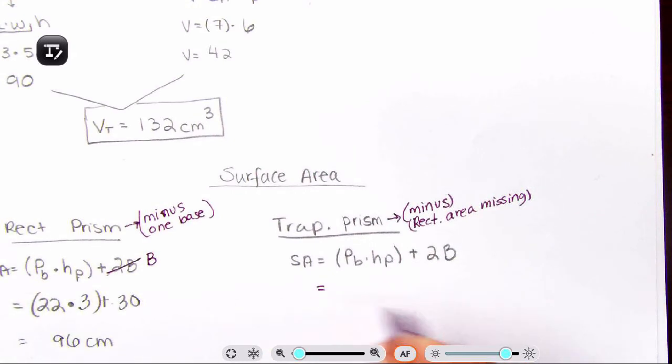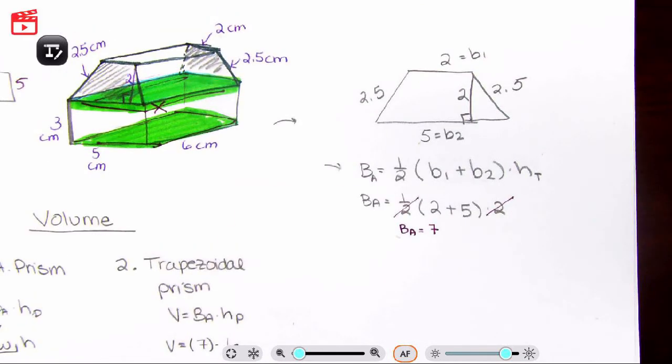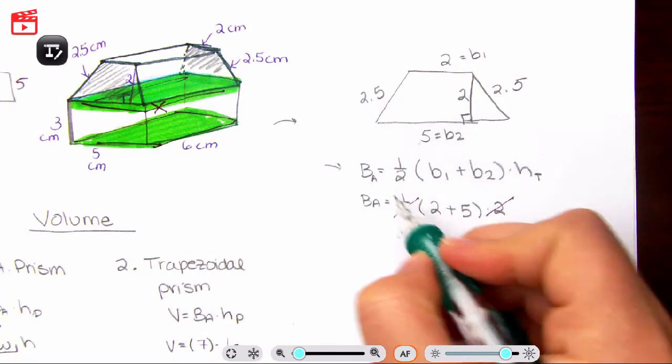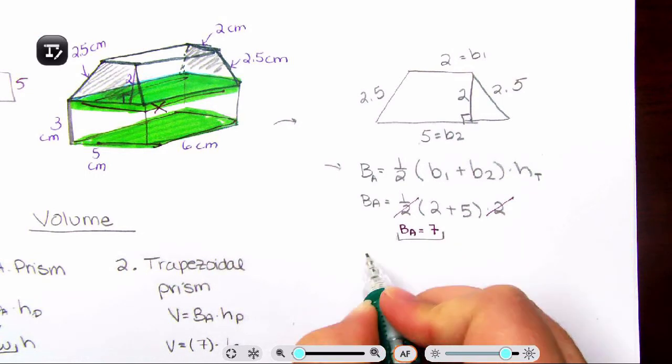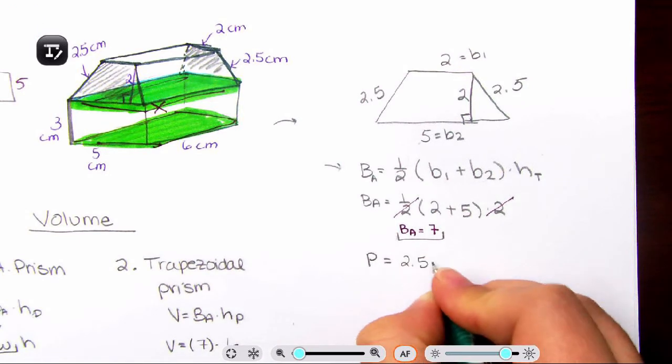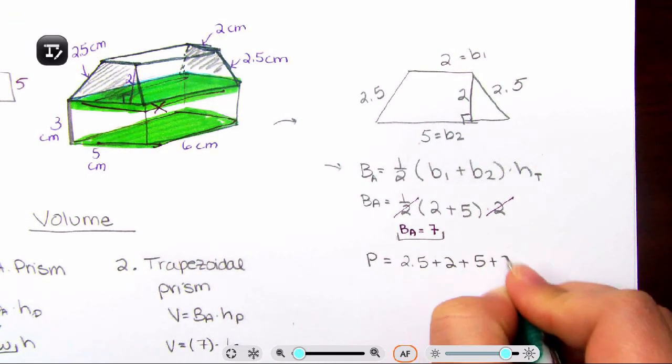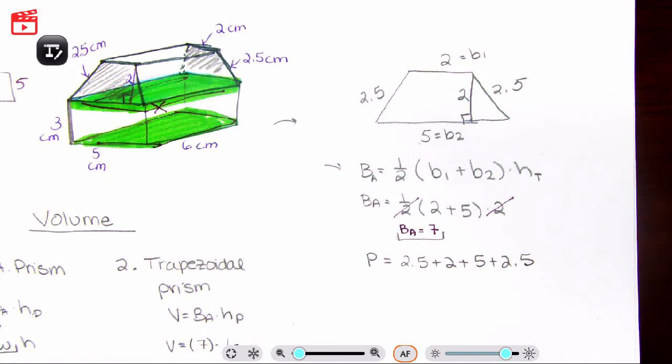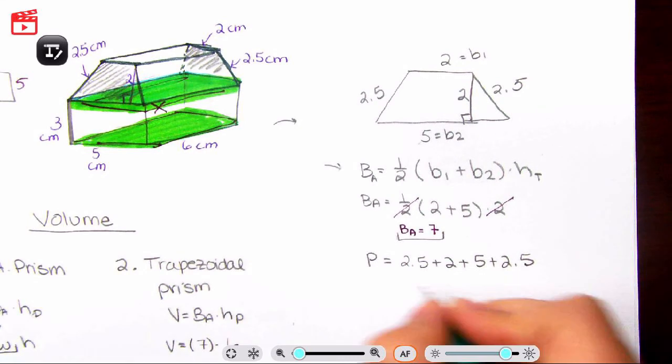So what is the perimeter of my trapezoid? Let's go ahead and back up here. We know the base area was 7. Now we need the perimeter. Perimeter is just all of the outside measures combined. So I have 2.5 plus 2 plus 5 plus 2.5. 2.5 times 2 is 5. 5 plus 2 plus 5 is 7.